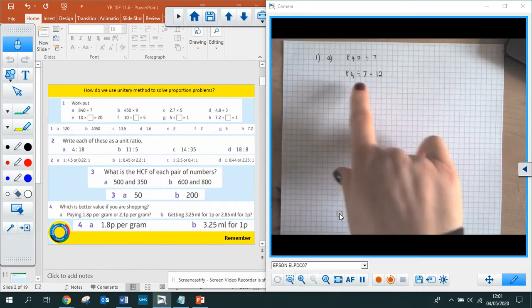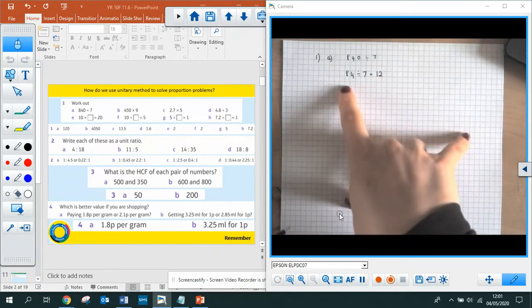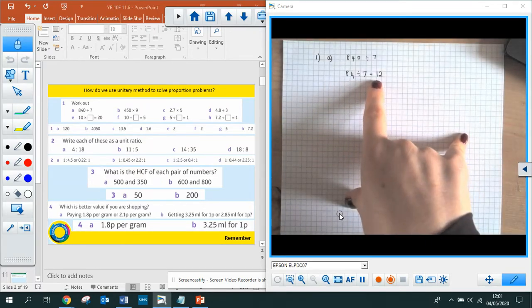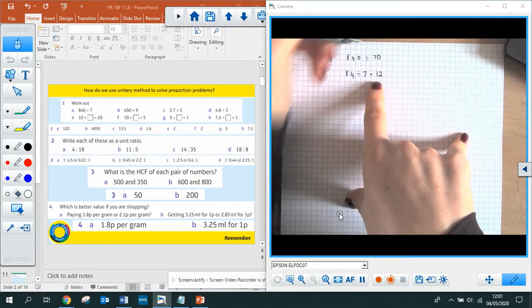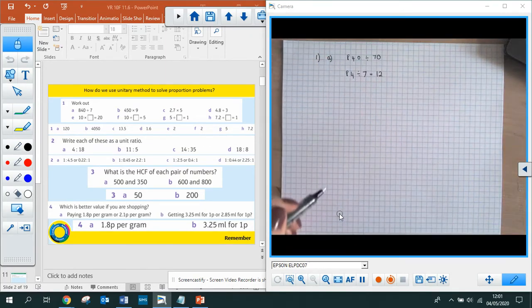You should know that from your 7 times tables. Therefore, 840 divided by 7 is going to be 70, because 840 is 10 times bigger than 84. You may have used a bus stop otherwise, but you did need to know your tables there to be able to get that nice and easily.